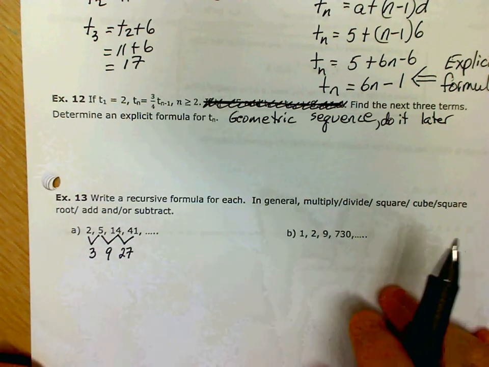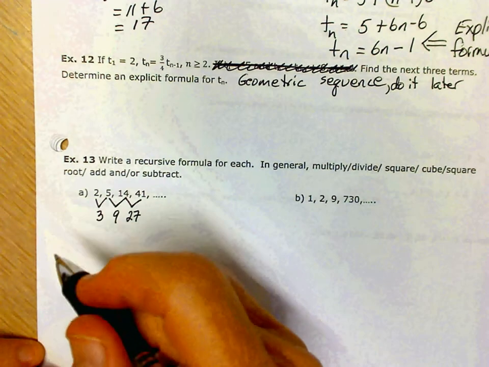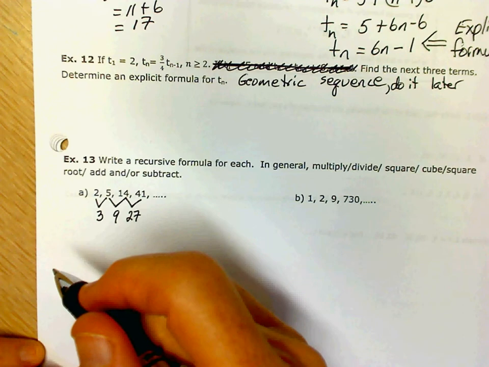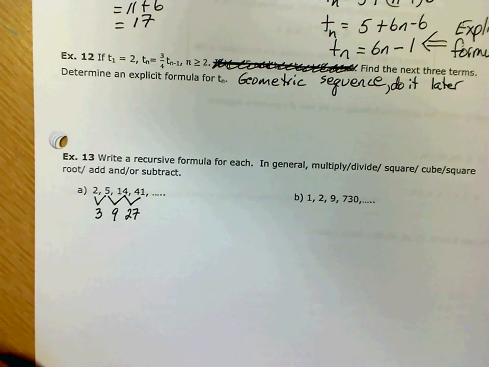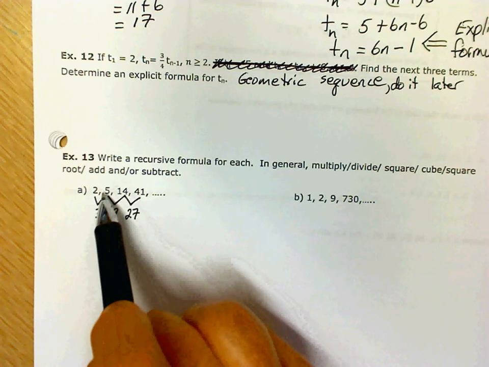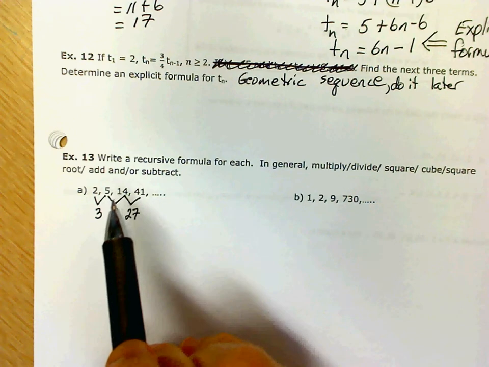Does anyone see a recursive formula here? Do you see that this term equals 5 plus 9, and this term equals 14 plus 27? These are not easy to do.